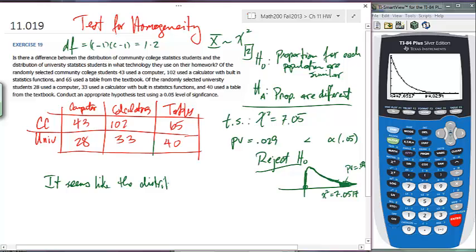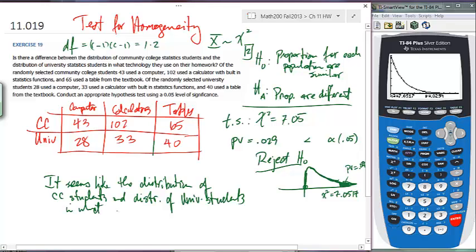The distribution of community college students and distribution of university students in what technology they use for their homework seems different.